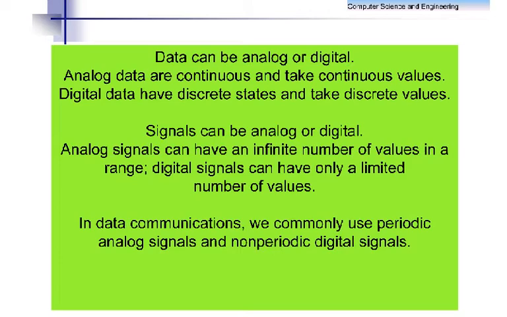In data communications, we commonly use periodic analog signals and non-periodic digital signals. What does that mean? This means that in actual physical medium, we usually use periodic signal, and we will talk about what periodic signal means to represent the actual data on the physical medium.